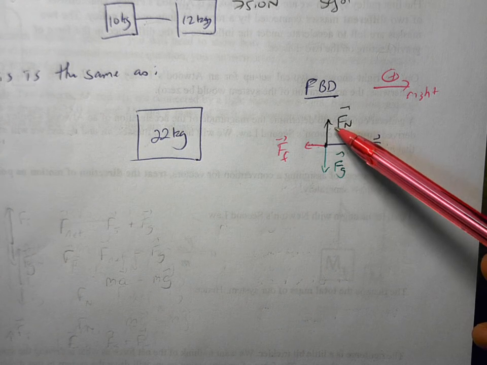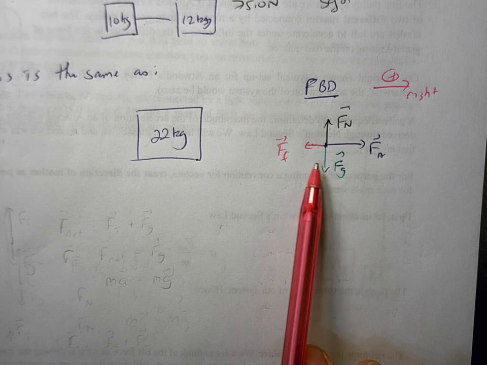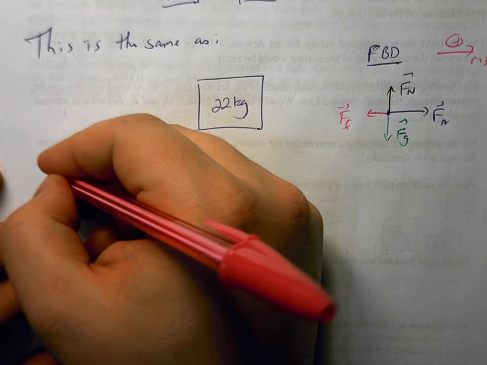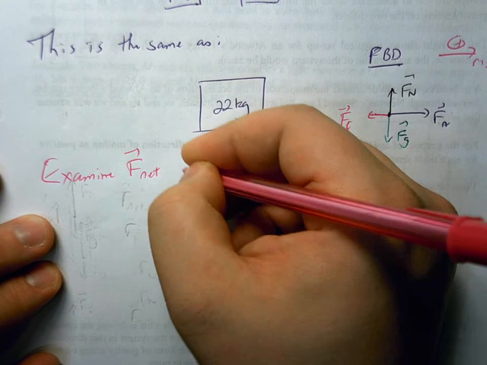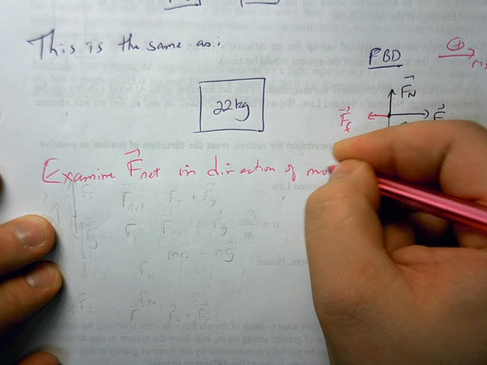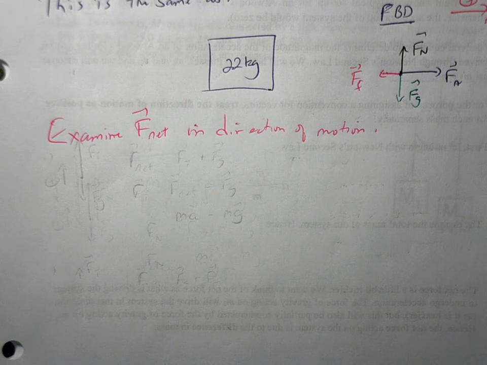In the vertical direction, Fn is going to balance Fg just because there is no motion in the vertical direction. So those forces should balance. When we're looking at the net force, we're going to concentrate on the net force in the direction of motion, or in this horizontal plane. So we're just going to examine F net in the direction of motion. And it's okay to look at the X and Y motion separately. We've already done that with projectile motion in the previous unit.